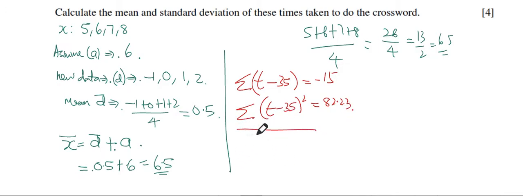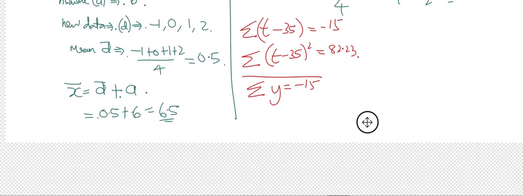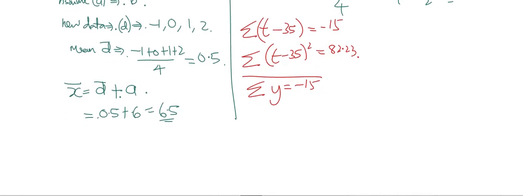I'm going to assume that rather than writing t minus 35, I'll just let y equal t minus 35. So sigma y equals negative 15, and sigma y squared equals 82.23. Now to find t, like what we did here where we add a, I have to add the 35 back when I bring it over to the required mean.